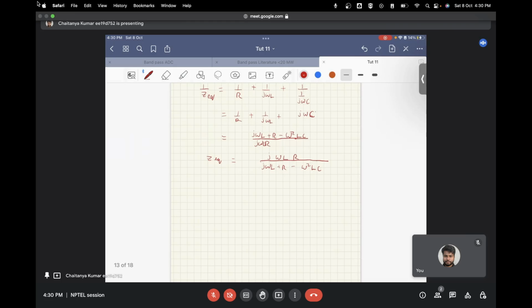Yeah, correct. So in these kinds of cases, you can always do a sanity check to check whether whatever result you have got is correct or not. For the sanity check, what you can do here is dimensional analysis. Now for dimensional analysis, the dimension of this should be in ohms. Since j omega L is an impedance, it will have its value in ohms, R is also an impedance. So in the numerator you have impedance squared, and in the denominator you have impedance, and this is omega square LC.